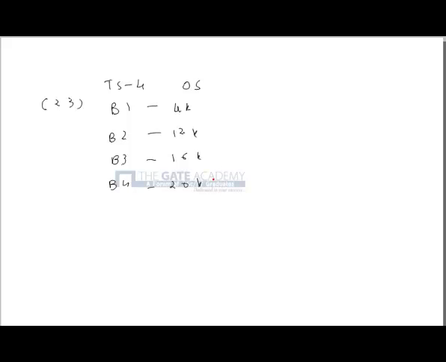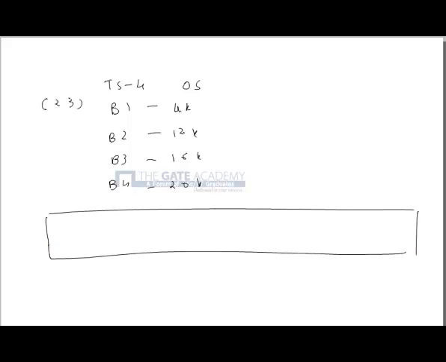Now there are some segments and their sizes are also given, and here we need to apply best fit strategy to fit the segments into these blocks, and we need to find where will S6 be allocated. So let's see the segments. Segment number, segment size.